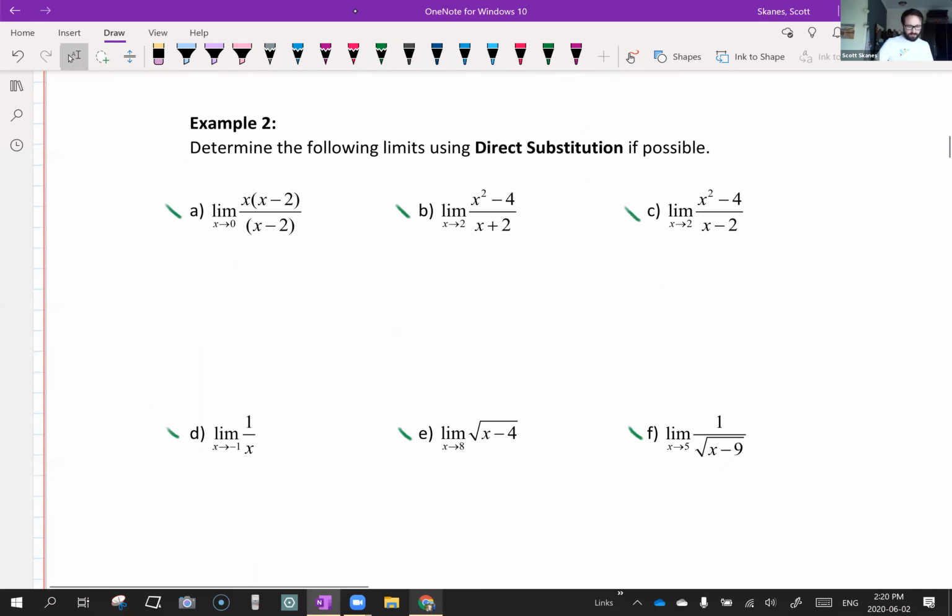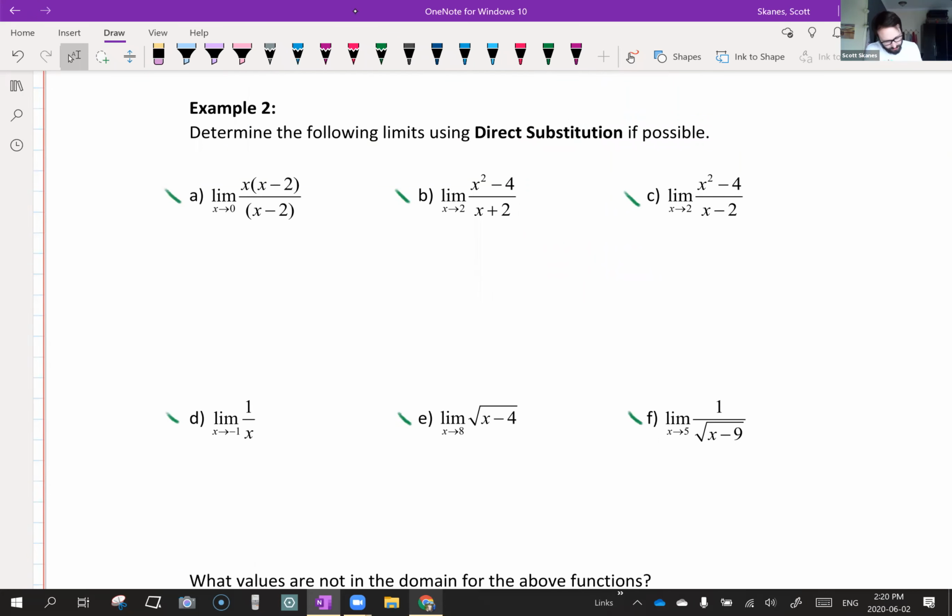Same idea. Determine the following limits using direct substitution. Direct substitution, by the way, means sub in x. So let's do it again. First one, this should answer your question, Abdulaziz. Try putting in 0. So we have 0 outside of 0 minus 2 over 0 minus 2. What does this give us?